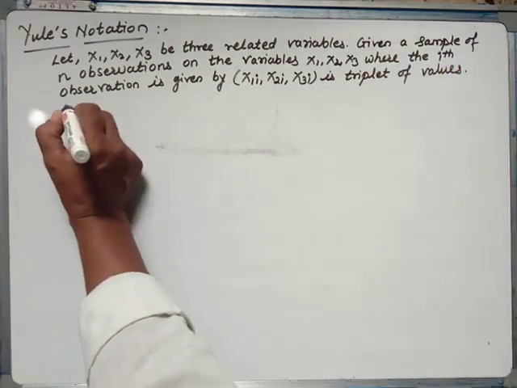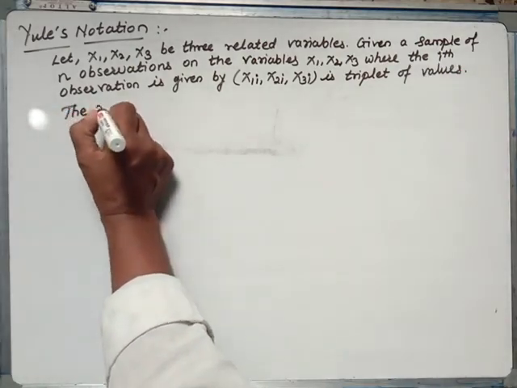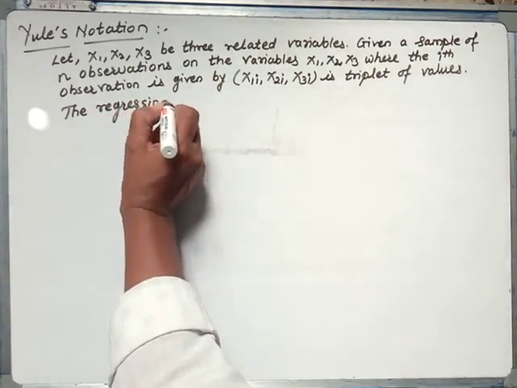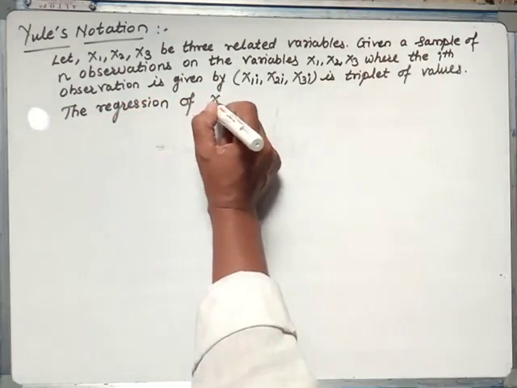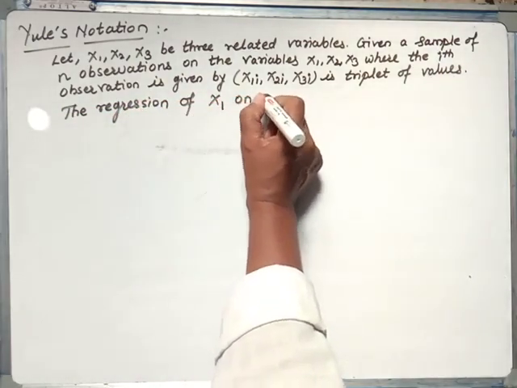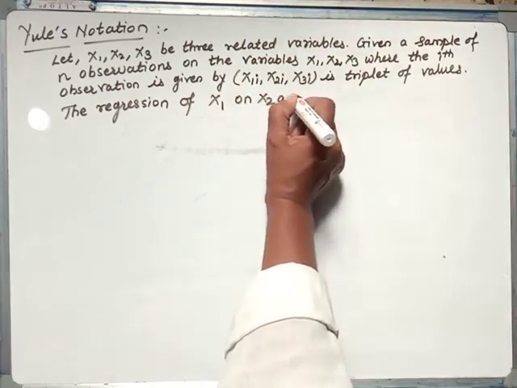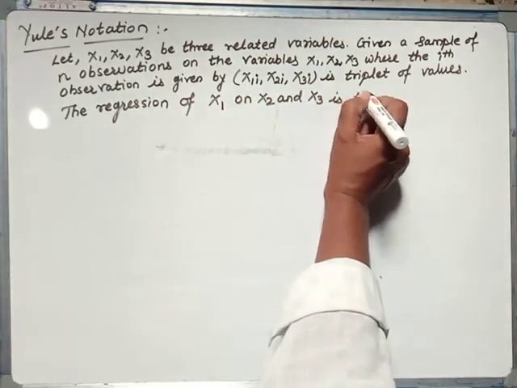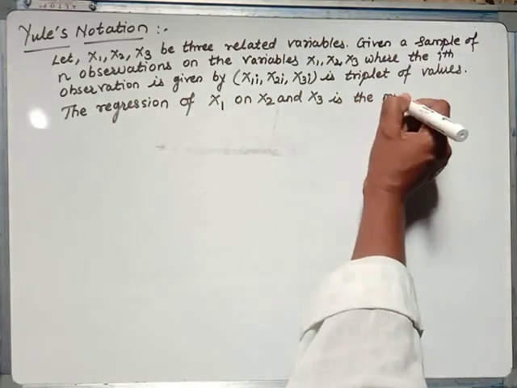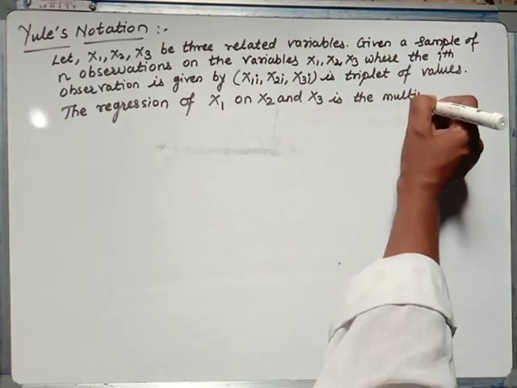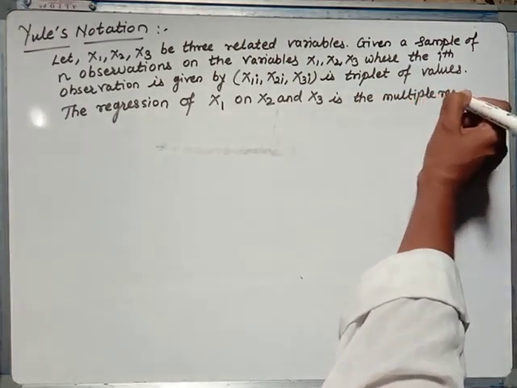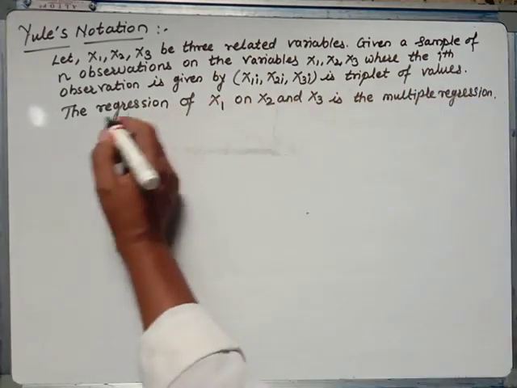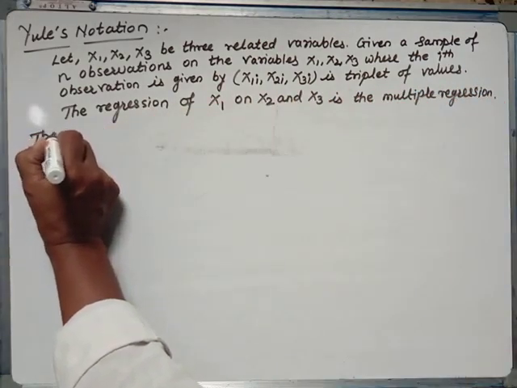Okay. Now the regression of x1 on x2 and x3 is the multiple regression.